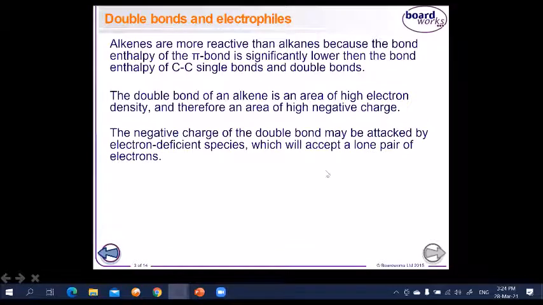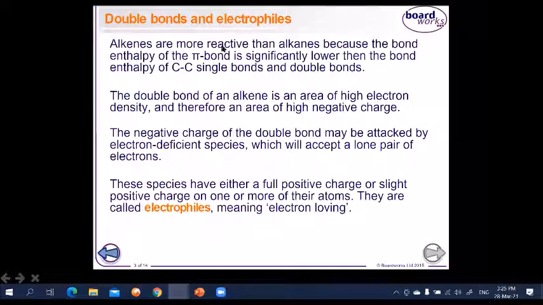So, okay, let's talk about why alkenes are more reactive than alkanes, right? That we saw in our last video, because the bond enthalpy of the pi bond is significantly lower than the bond enthalpy of carbon-carbon single bonds and double bonds, okay? So the double bond of an alkene is an area of high electron density, and therefore an area of a lot of negative charge.